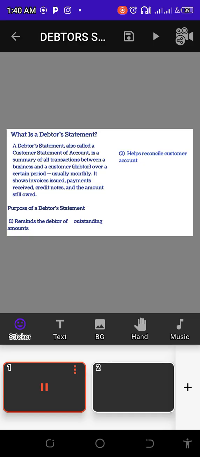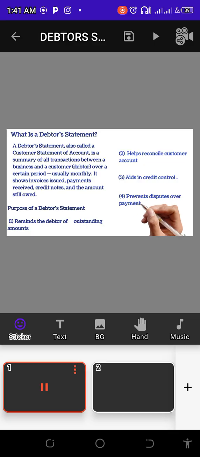And the fourth is that it prevents disputes over payments or balances.